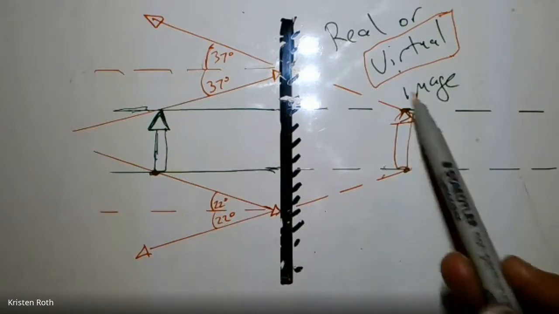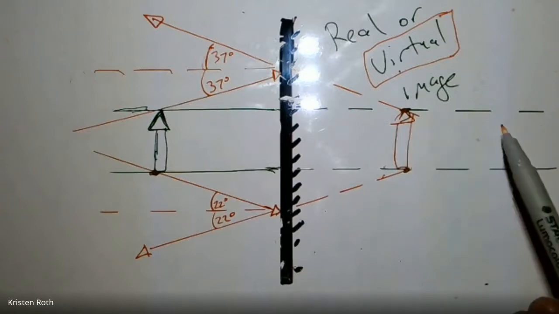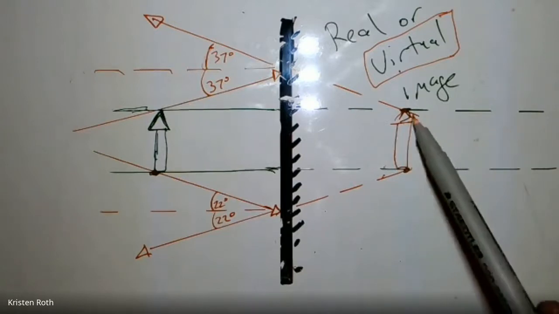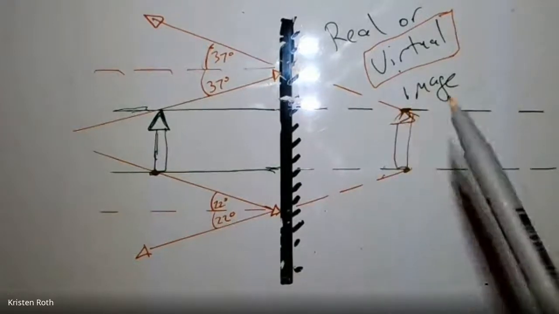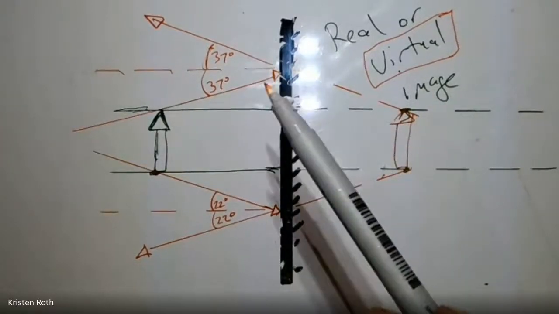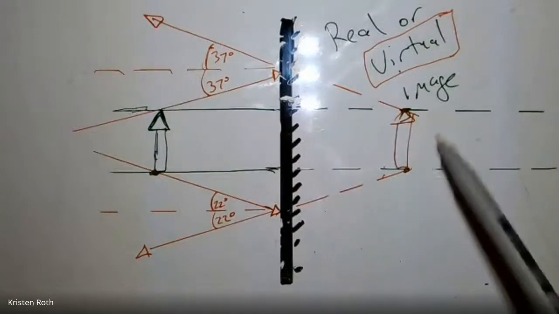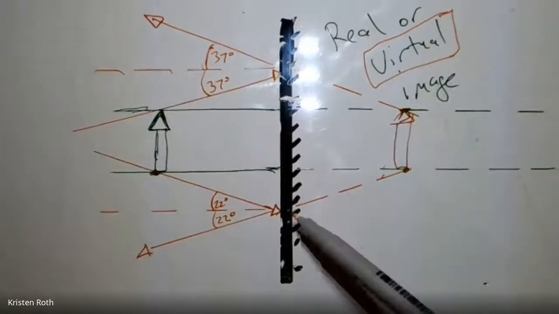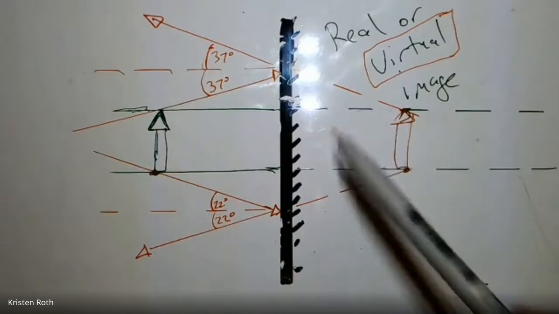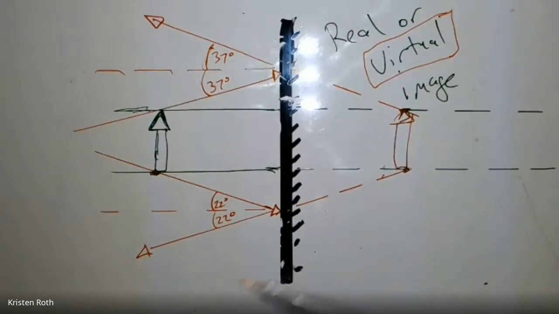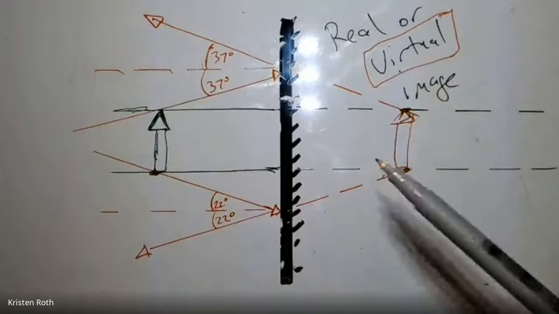Here you won't. You can't stick a piece of paper into the plane mirror anyways. The light rays didn't actually travel through the mirror and meet back here. Because they're not real light rays meeting, you're not getting a real image. That's when you get a virtual one, when you have the extended reflected rays going back to meet each other. You'll get a virtual image, but you're not getting a real image.